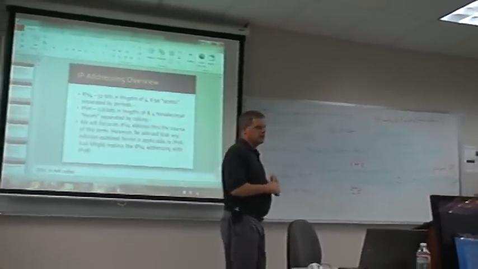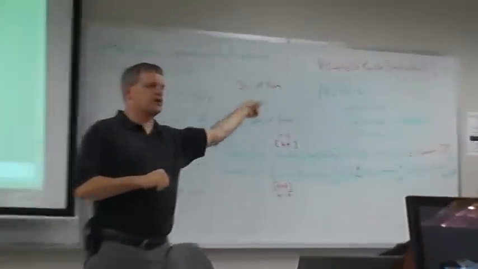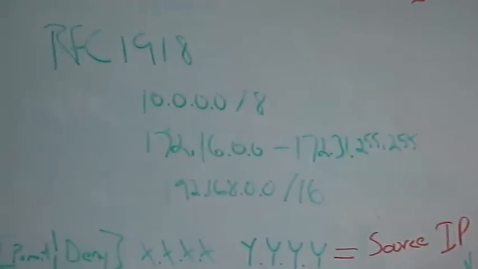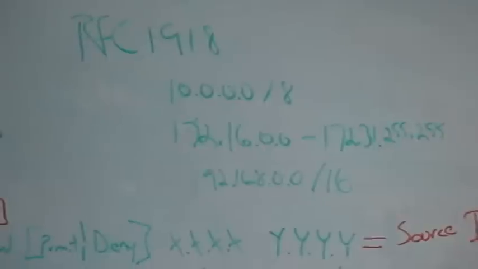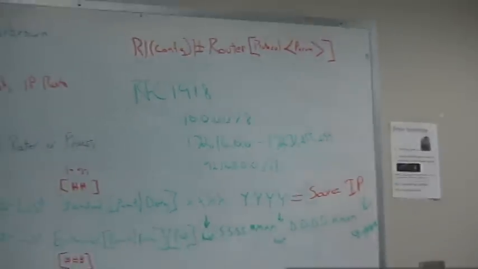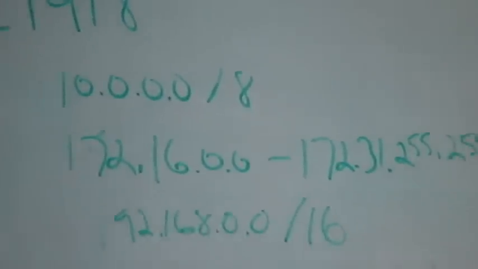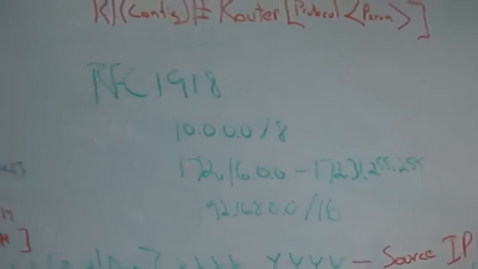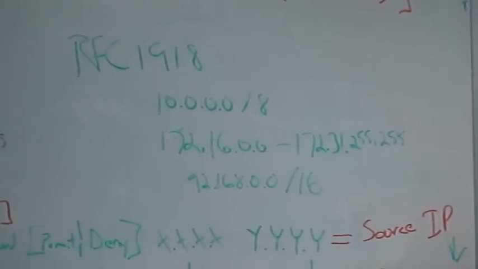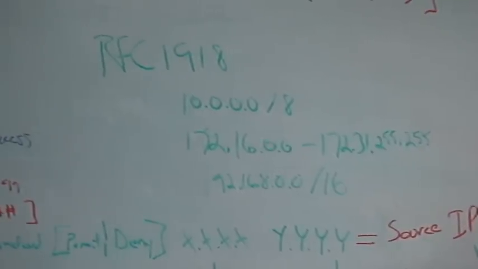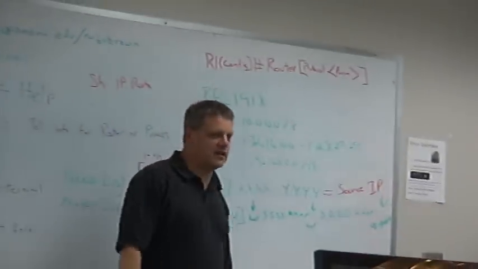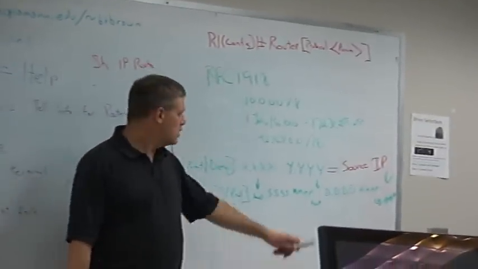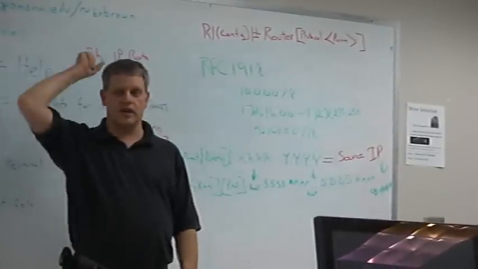Okay? Now that's important because you're going to get questions in your labs and in your tests where you have to filter that using a standard access list. So you'll build an egress filter stating that if any packet is destined to the internet with that source address, it gets dropped.